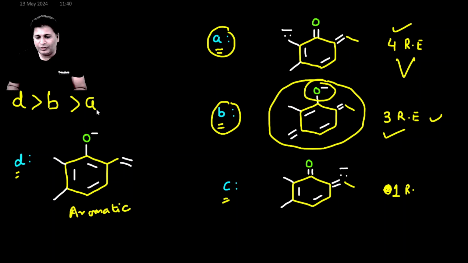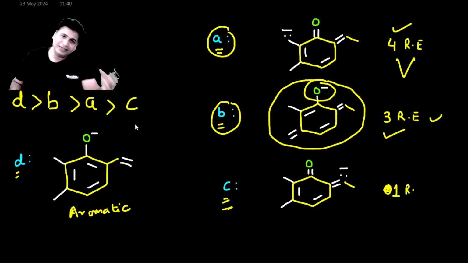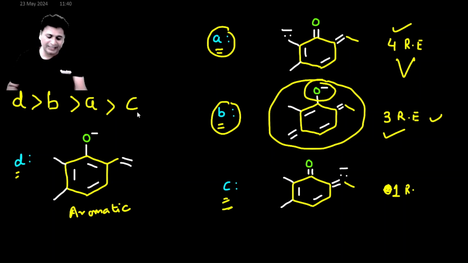And if you come to C, C is in the last position. And why is it the last position? As you all know, the negative charge was remaining localized on that carbon. It was not delocalized, it was not shared, and the negative charge, as you all know, is a burden, and that has to be shared for the stability to increase. So that is how you should see a problem.